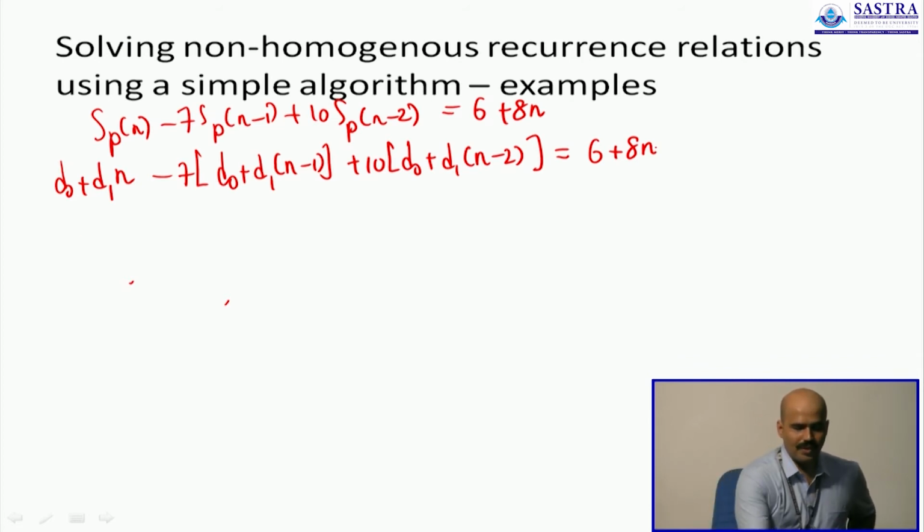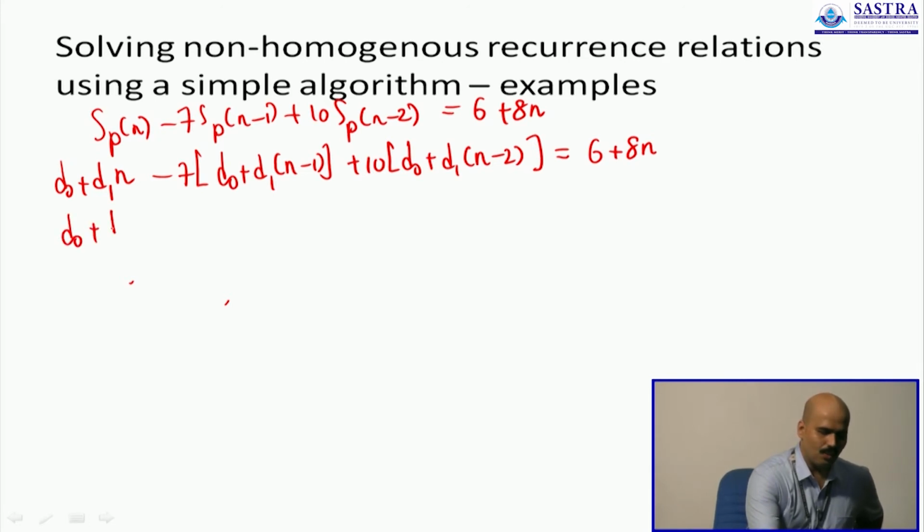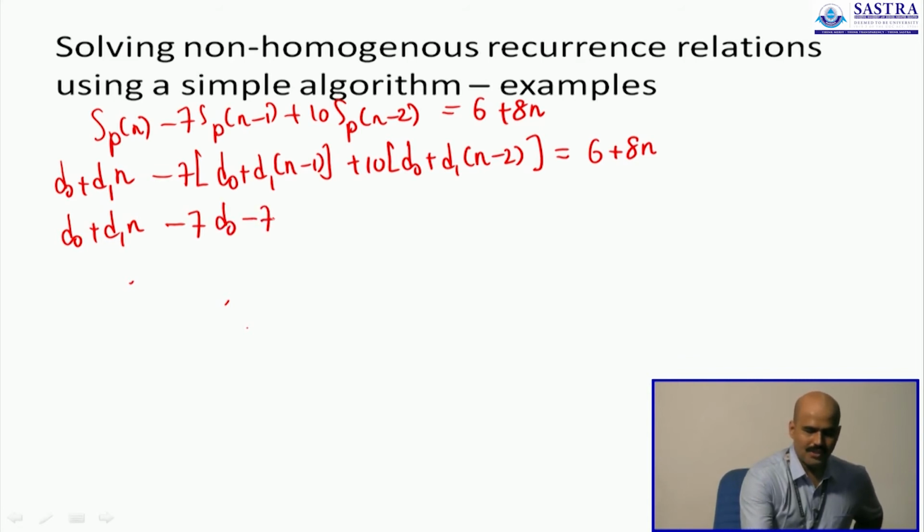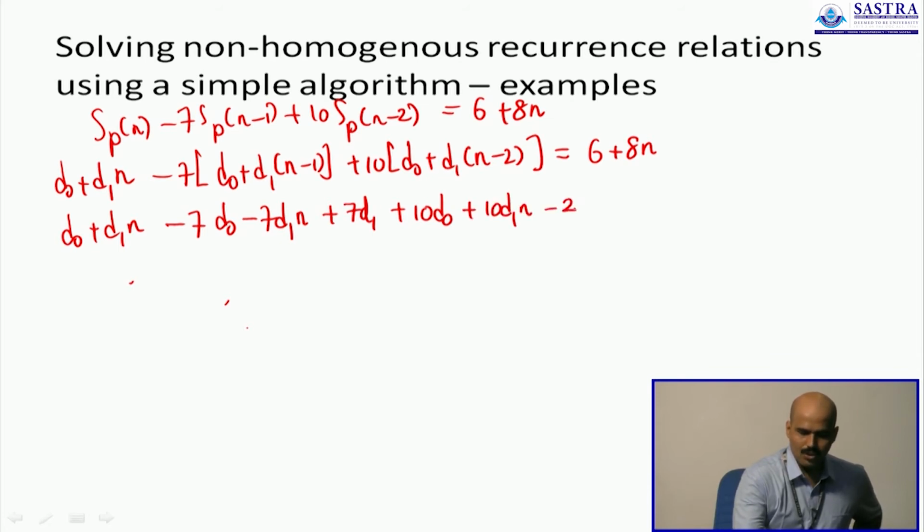So if you simplify this, you will have d naught plus d1n minus 7 d naught minus 7 d1n plus 7 d1 again, plus 10 d naught plus 10 d1n minus 20 d1, all of them giving us 6 plus 8n.